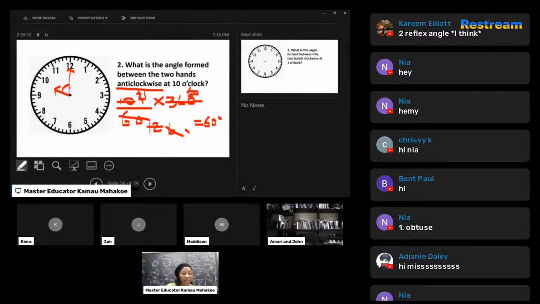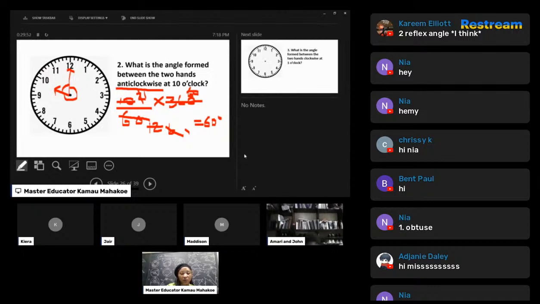So what would be the clockwise angle then, for argument's sake? If we wanted that clockwise angle at 10 o'clock, how could we work that out without going the long way?